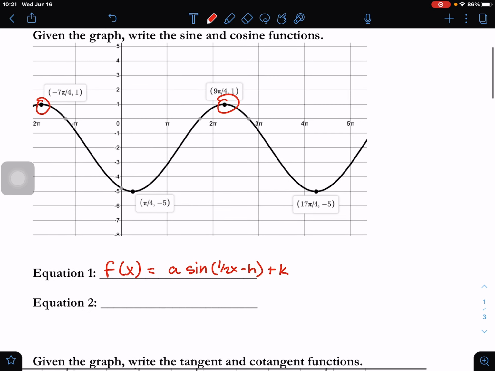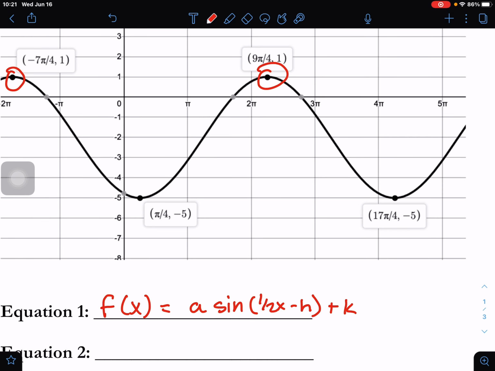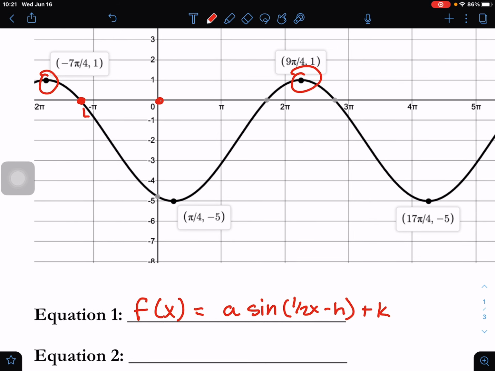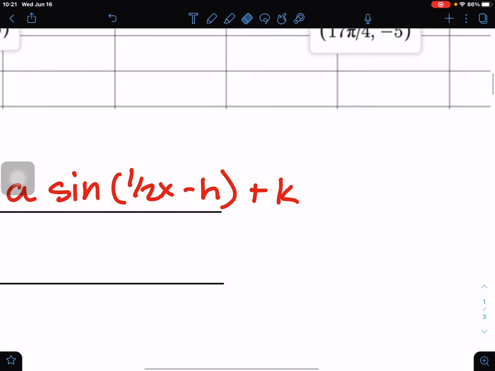And then our minus h, as we can see here, normally this would be right here, so we just have to see this distance, and this distance appears to be about 5 pi, and not 5 pi over 4 that it seems to have moved. So we can replace the h with minus 5 pi over 4.